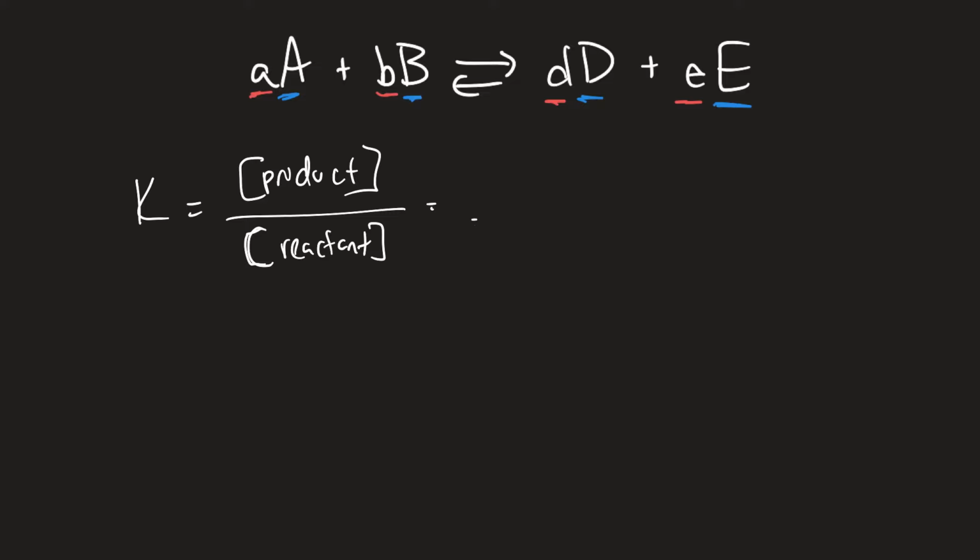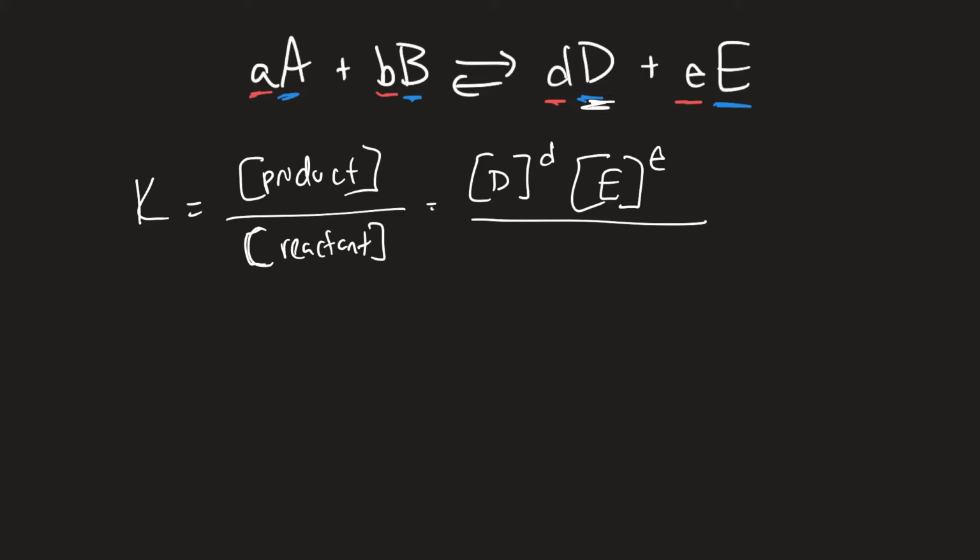We have the concentration of D, a product, to the power of its coefficient, times the concentration of E, which is another product, to the power of its coefficient, divided by the concentration of the reactants.